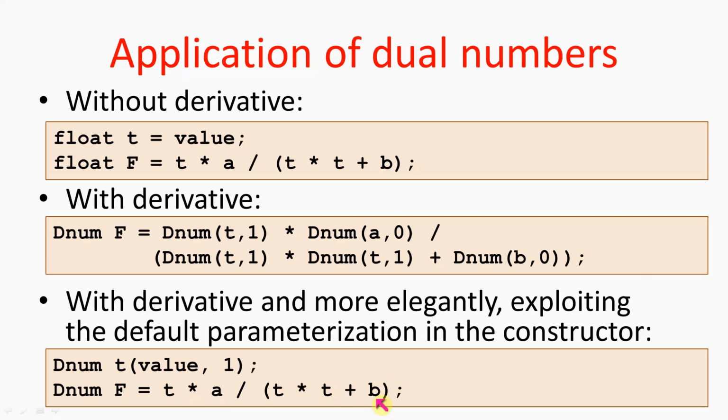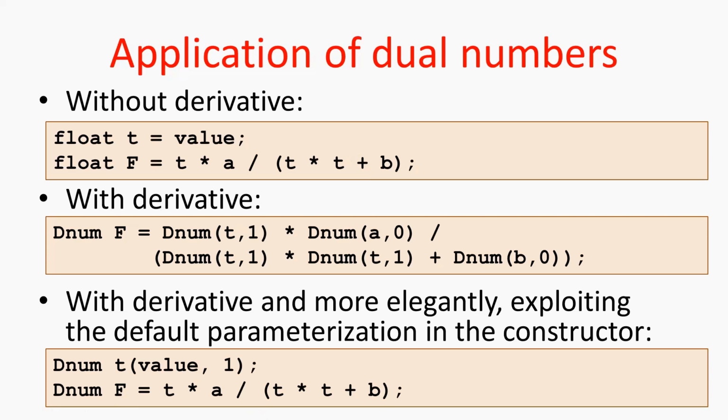And the same happens with B. So from the point of view of the program, the modification is really minimal. We just replace the float type with the dual number type. And at the end, again, in F, we will have two data members, F and D. F contains the function value, D contains the derivative at the same position.